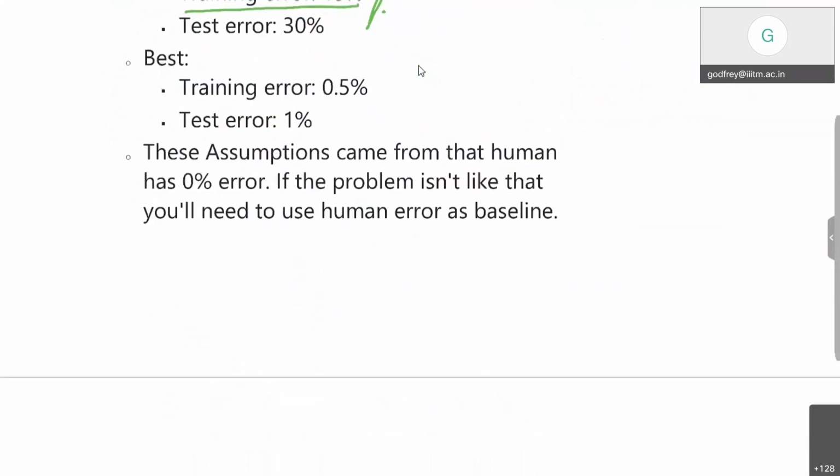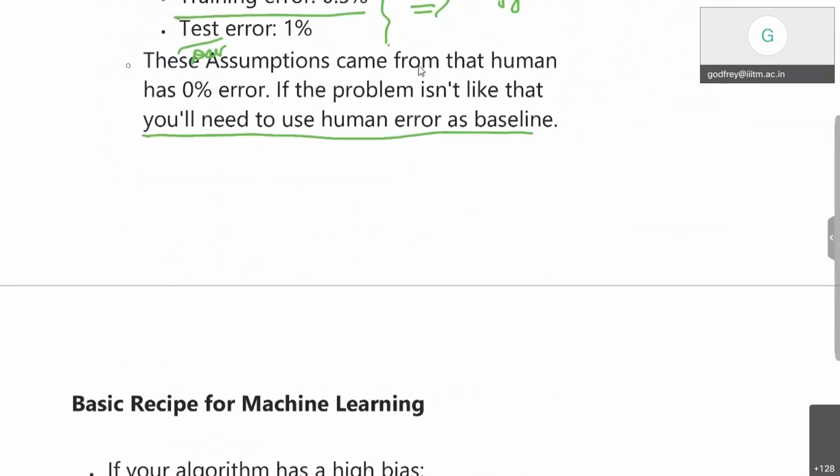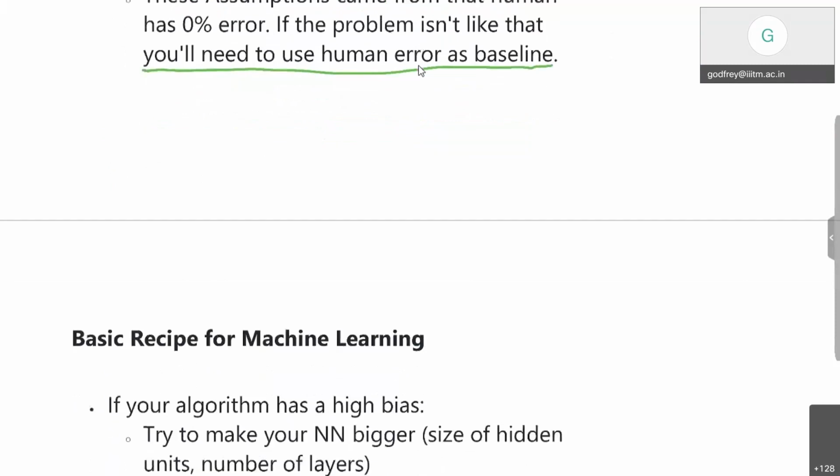What is acceptable is that you have a very low training error and development error, and say if you have a bias error of 1%, then this is acceptable. So it means that you always use the human error as the baseline.